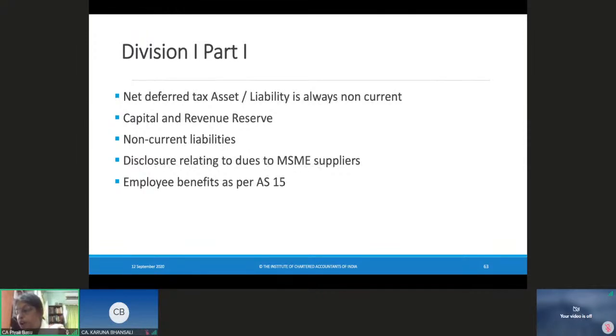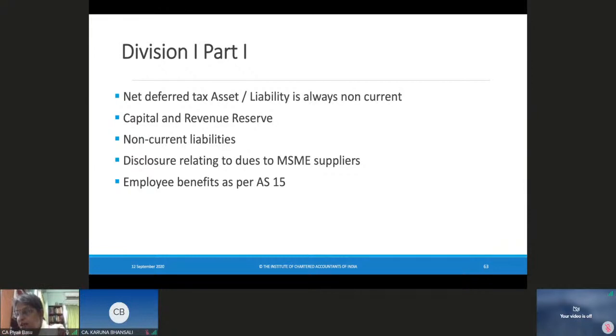Shares reserved for issue under options, contracts or commitments for sale of shares, disinvestment, that has to be reported too. And for the period of 5 years immediately preceding the balance sheet date, the aggregate number and class of shares allotted as fully paid pursuant to contracts. For such a case, the details of the preceding 5 years need to be given.